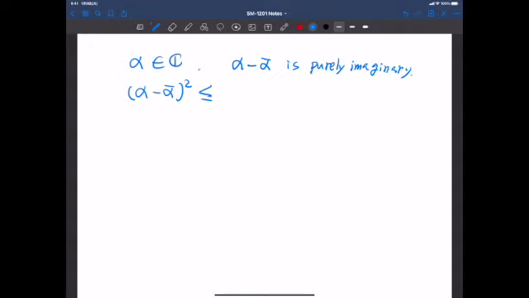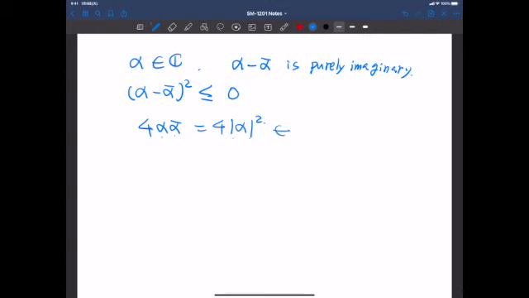So therefore this is less than or equal to 0. Then we have this equality: 4 times alpha alpha bar is equal to 4 times the square of the modulus of alpha.